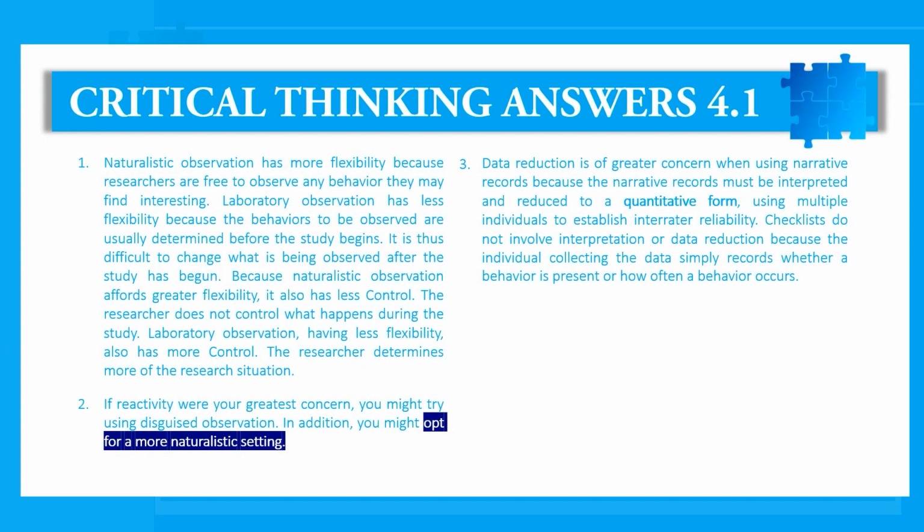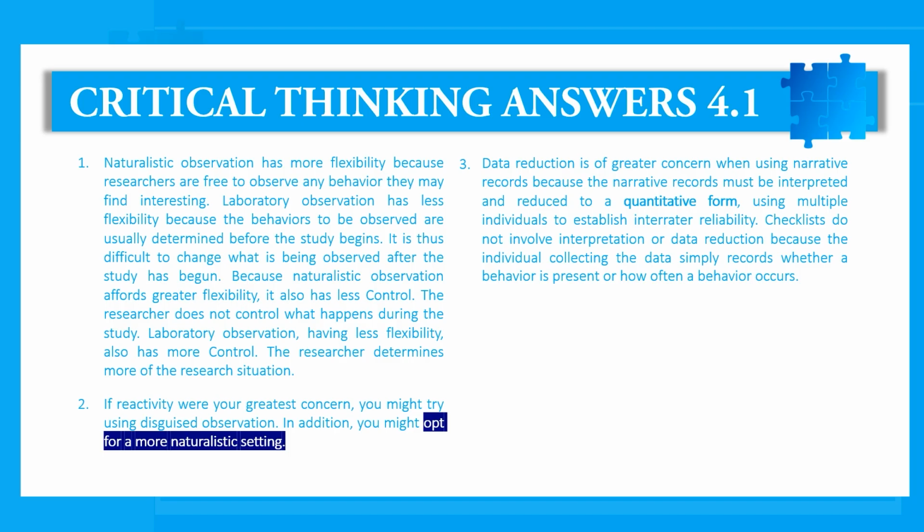For the answer to question number 1: naturalistic observation has more flexibility because researchers are free to observe any behavior they may find interesting, and laboratory observation has less flexibility because the behaviors to be observed are usually determined before the study begins.